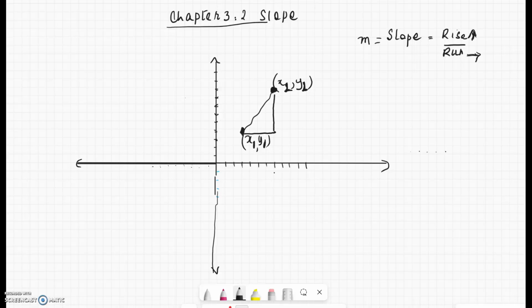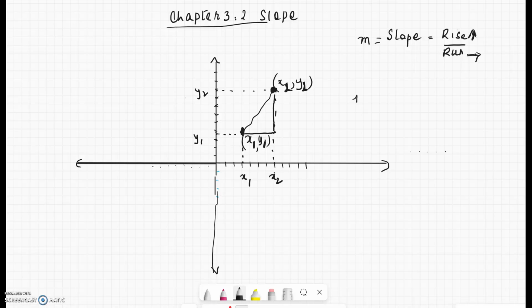So let's look at this. That's x1 and that's y1, and this is x2 and that's y2. We're looking at some numbers, x1, y1 and x2, y2.